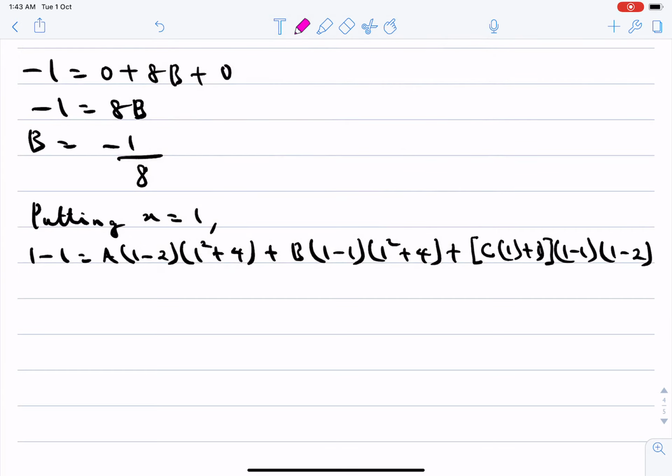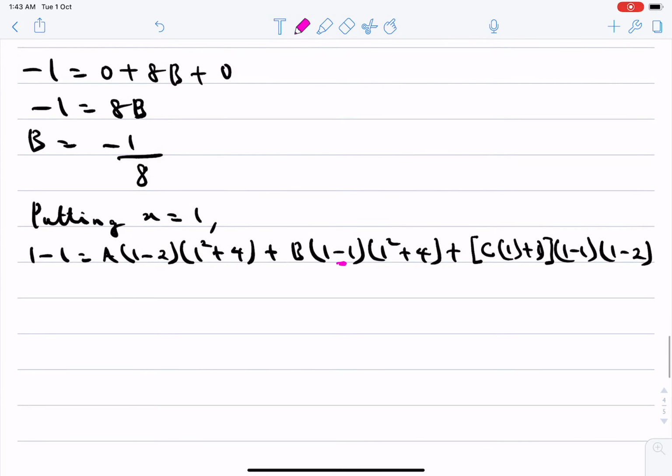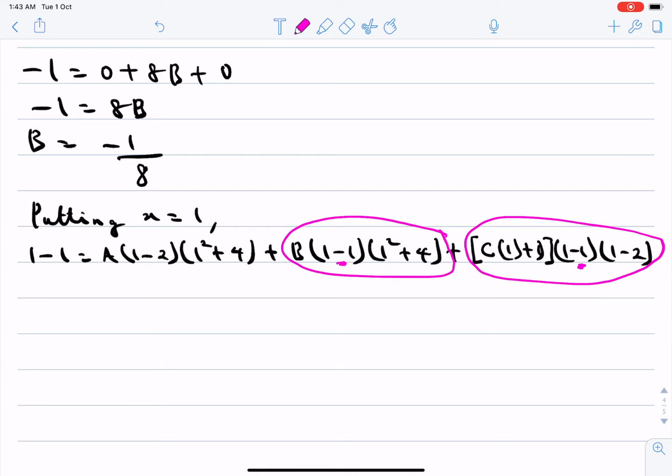I can see that 1 minus 1 is 0, and that means the whole of this will be 0. And 1 minus 1 is 0 here, which means the whole of this is also 0.